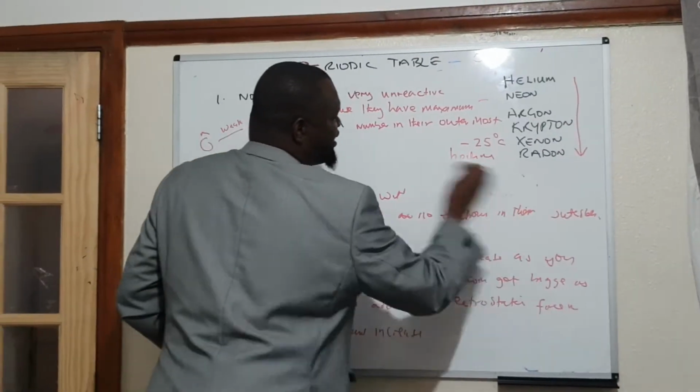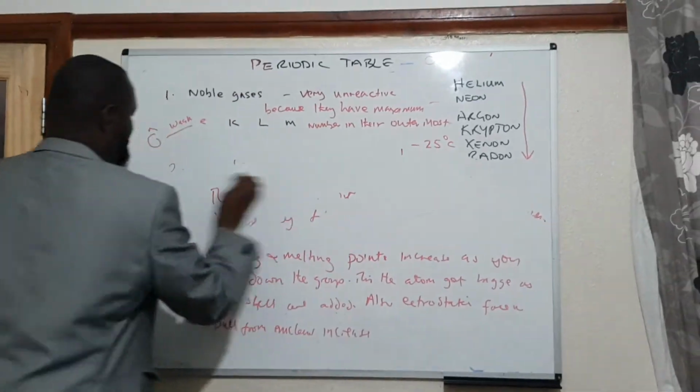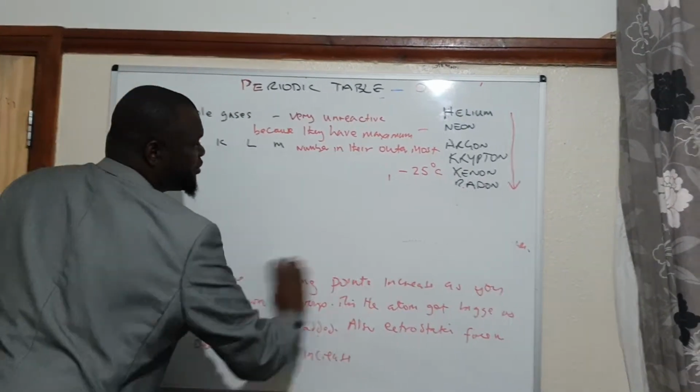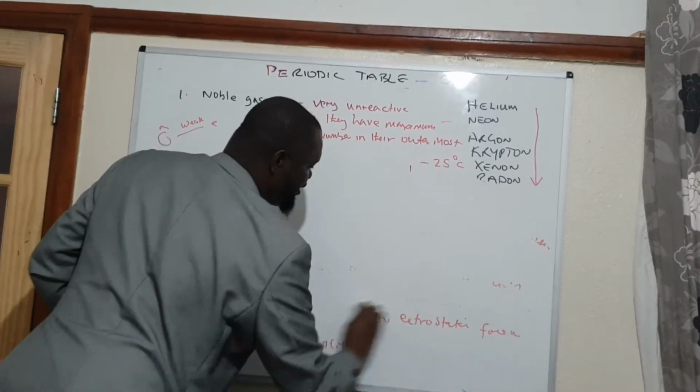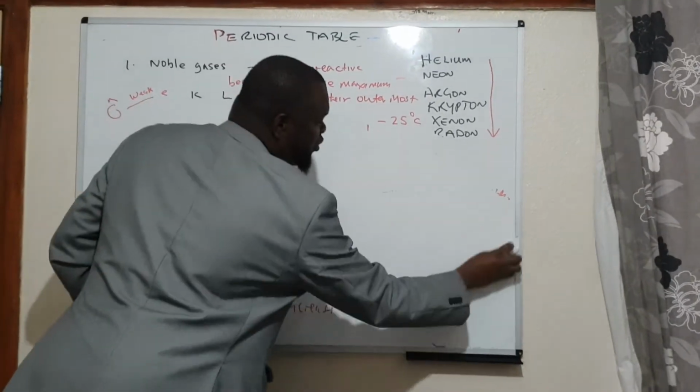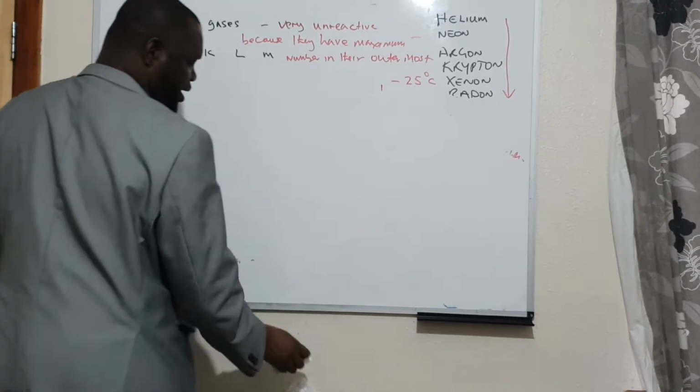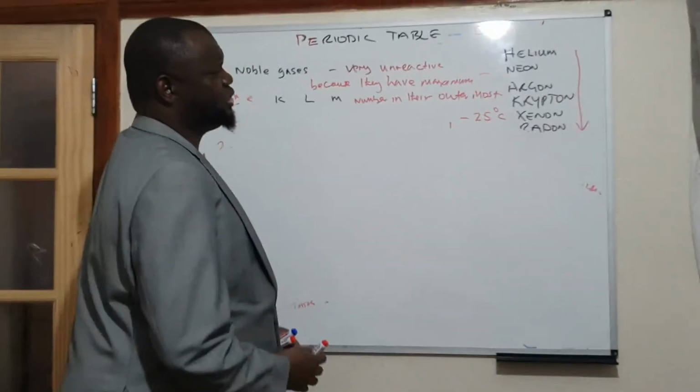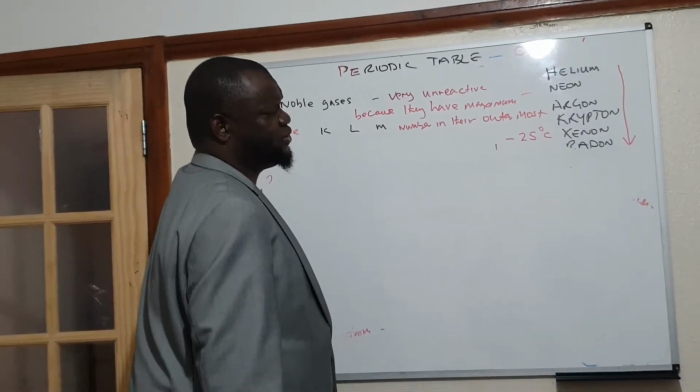So, an exam question can say, as I tell you here, the boiling point of xenon is minus 25 degrees Celsius. What would you predict to be the boiling point of neon?